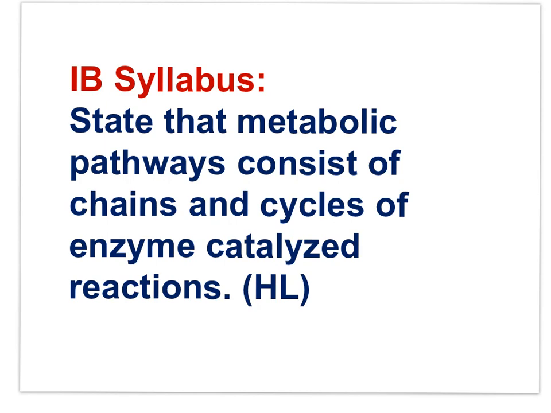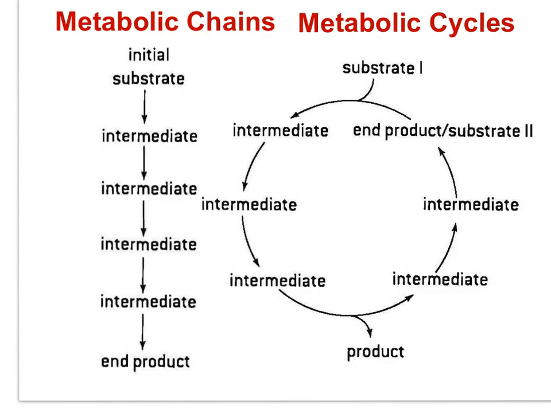And the last IB syllabus statement of the movie, a fairly simple statement, is: state that metabolic pathways consist of chains and cycles of enzyme-catalyzed reactions. I've mentioned through the course of this movie that both photosynthesis and respiration are in fact numerous chemical reactions, and that each has a summary equation.